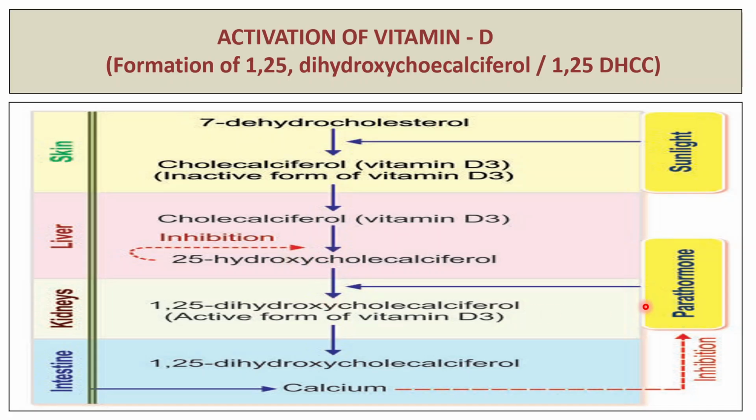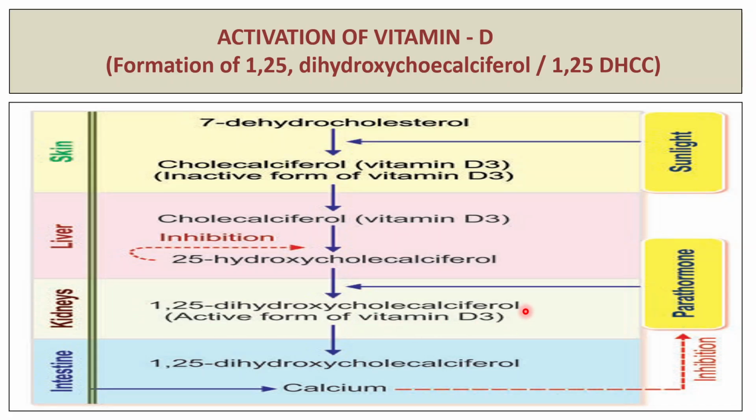Then in the kidney, with the help of parathormone, which is released from the parathyroid gland, at carbon atom number 1 there is again addition of one more hydroxy group, and 1,25 dihydroxycholecalciferol or 1,25 DHCC is formed, which is the active form of vitamin D3 in the kidneys.